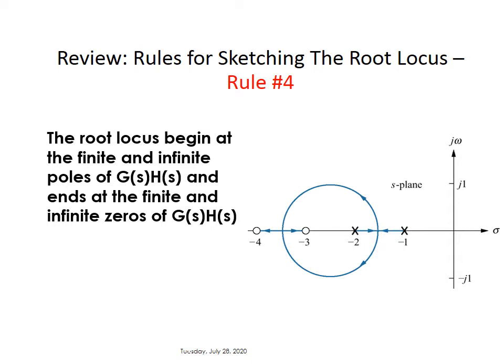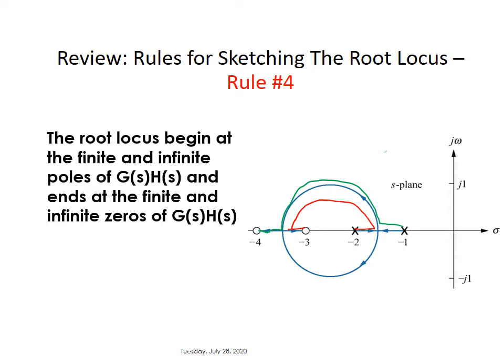The first pole could be the one at -2, it starts here and it goes toward -3, and the other pole could be -1, it goes in this direction, and then it goes to -4. So there are two branches. They all start at poles and they all end at zeros. You cannot have something that starts at a pole and ends at a pole. It starts at poles and always ends at the zeros.